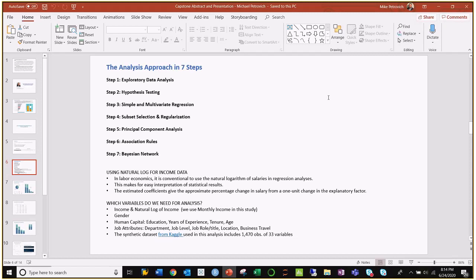So with respect to that, taking the natural log is going to center the data, or not necessarily center it, but give it a normal distribution.